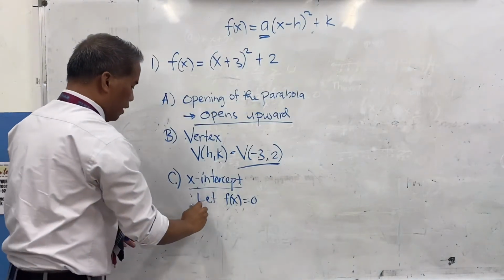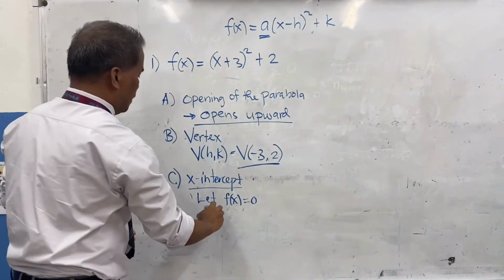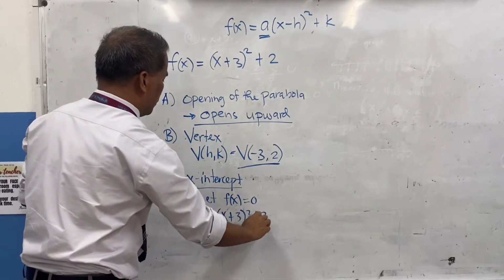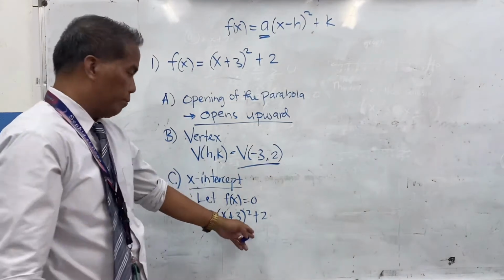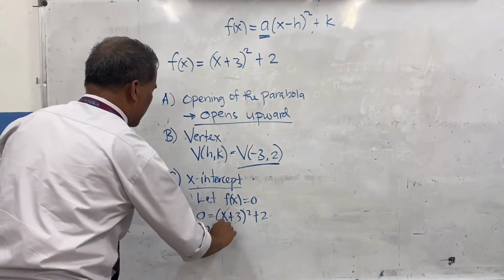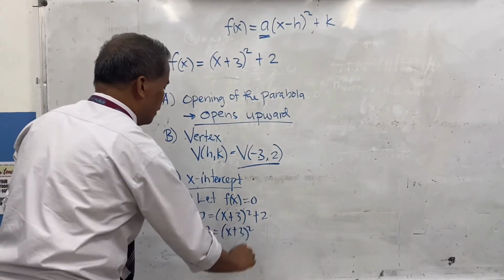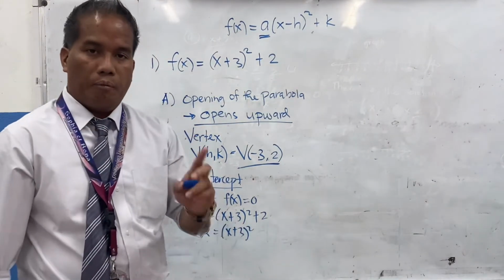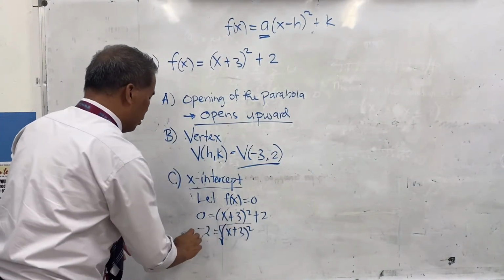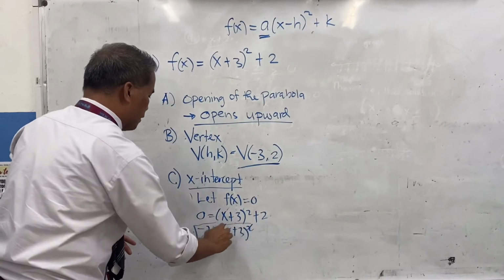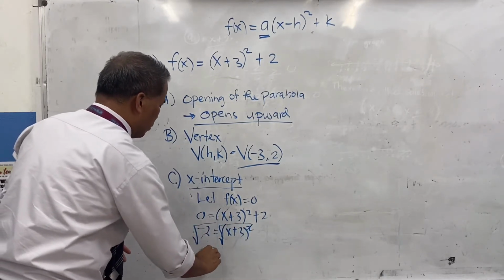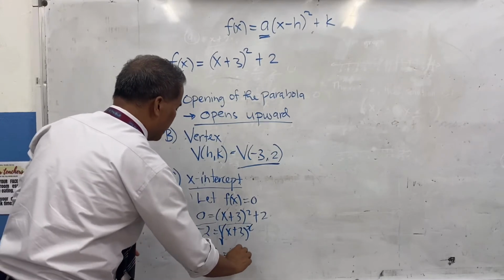So the solution will be 0 equals x plus 3 squared plus 2. Then if we transpose positive 2 here, negative 2 equals x plus 3 squared. Then, removing the exponent, we apply the square root property on both sides. So cancel this. We have now the square root of negative 2 equals x plus 3.